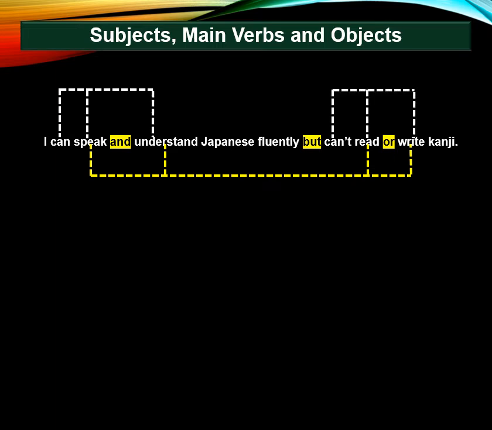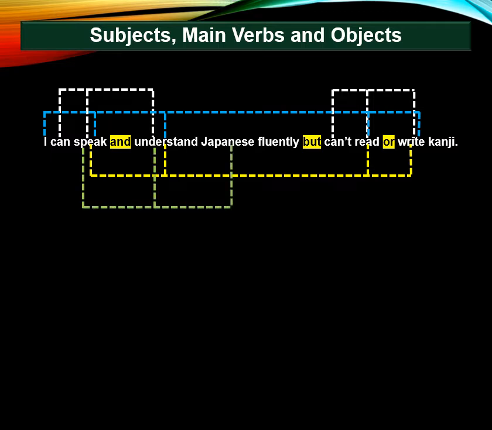Can't is connected to read and write. I is connected to all 4 verbs. Speak and understand share the object Japanese. Read and write share the object kanji.